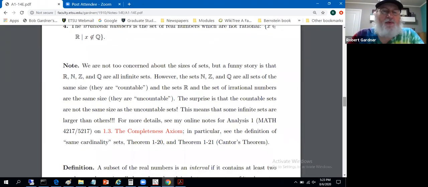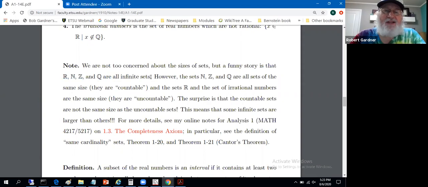This is a touch peripheral. I don't think this is mentioned in our book, but here's a funny story about infinity and infinite sets. These sets we just mentioned, the natural numbers, the integers, the rationals, and the irrationals, are all infinite sets.